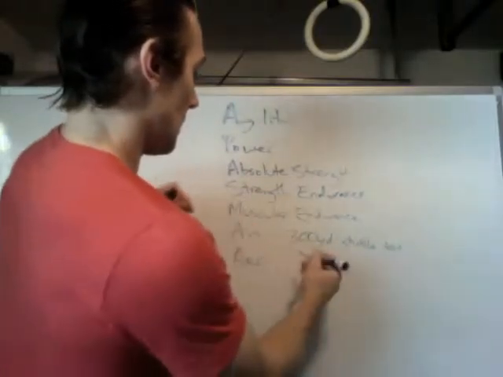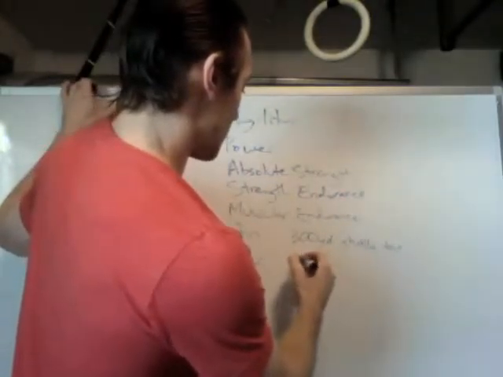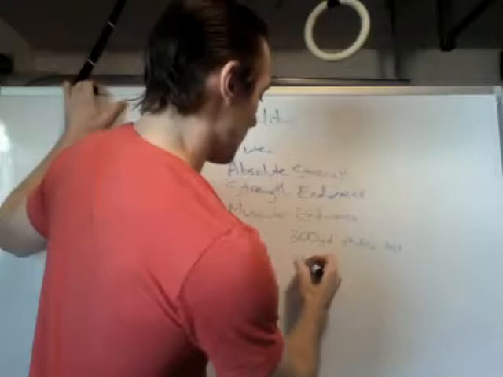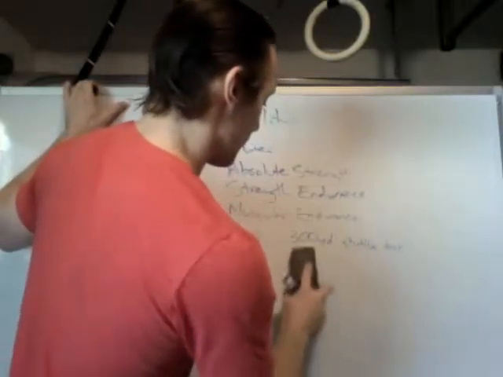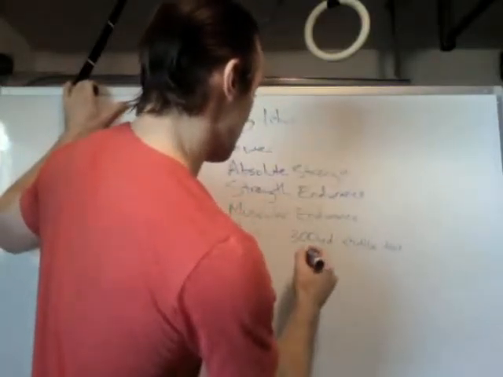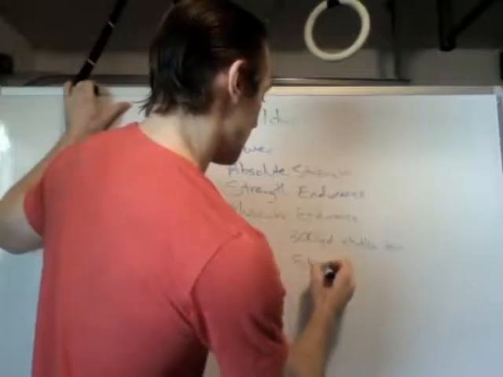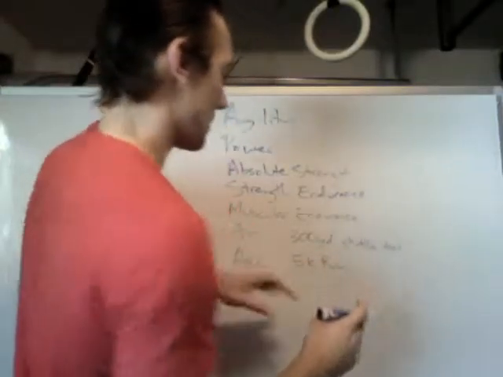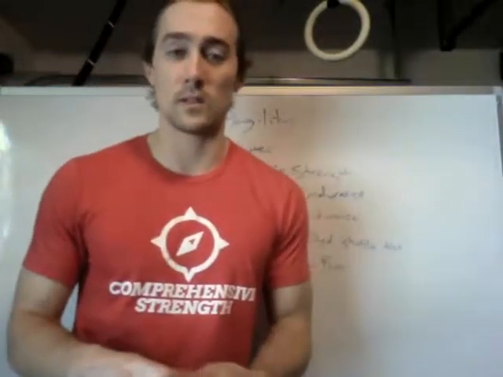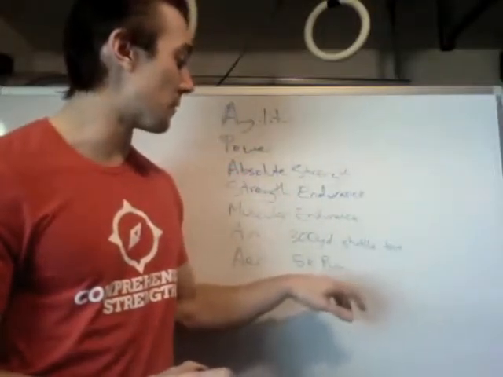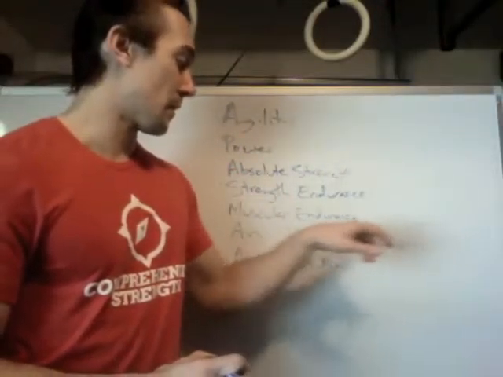And a common aerobic test is, we'll say, a 5K run. And so a 5K run, if it's done maximally, is going to blow people up for a shuttle test.